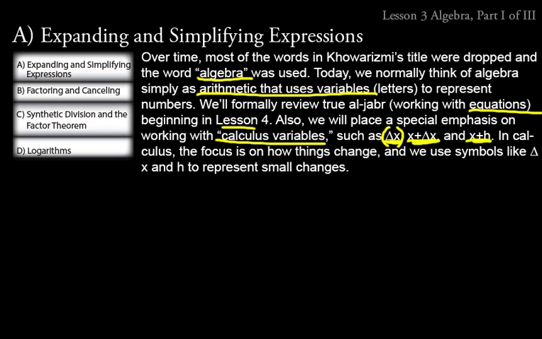Sometimes h is used instead of having to write a delta x. So in calculus, the focus is on how things change, not what they are, but how do they change over an instant in time or space. So we use symbols like delta x and h to represent small changes.